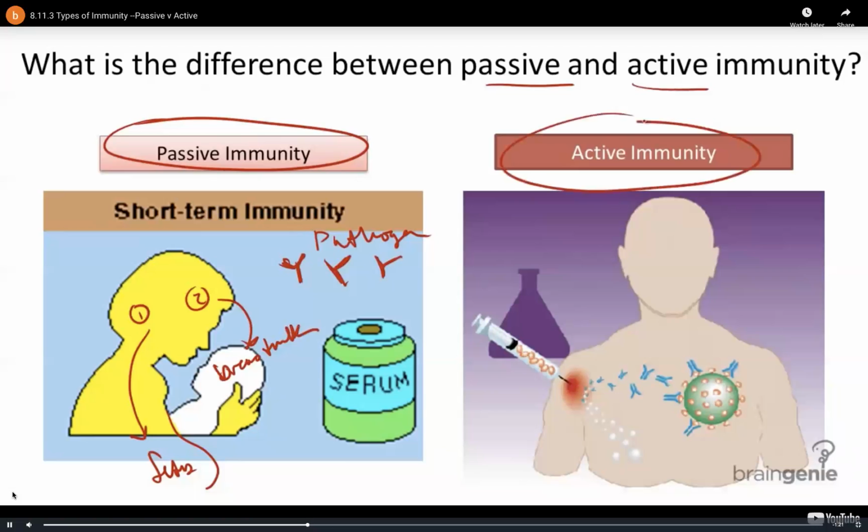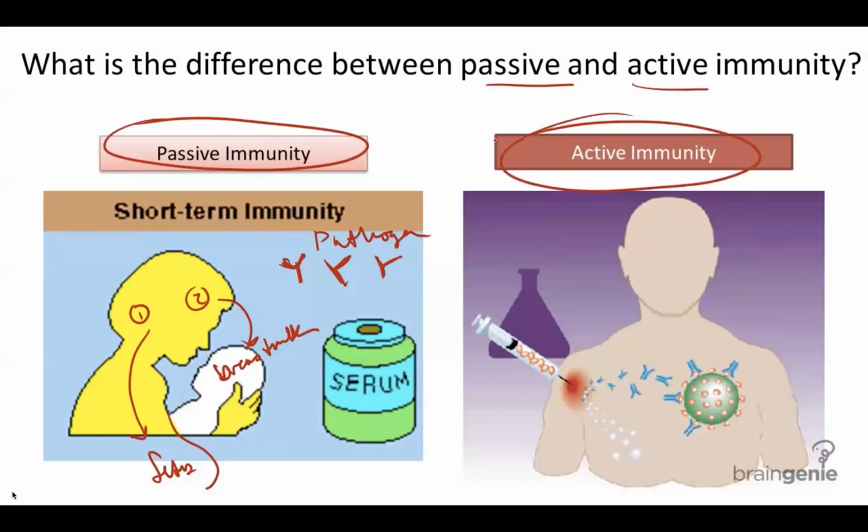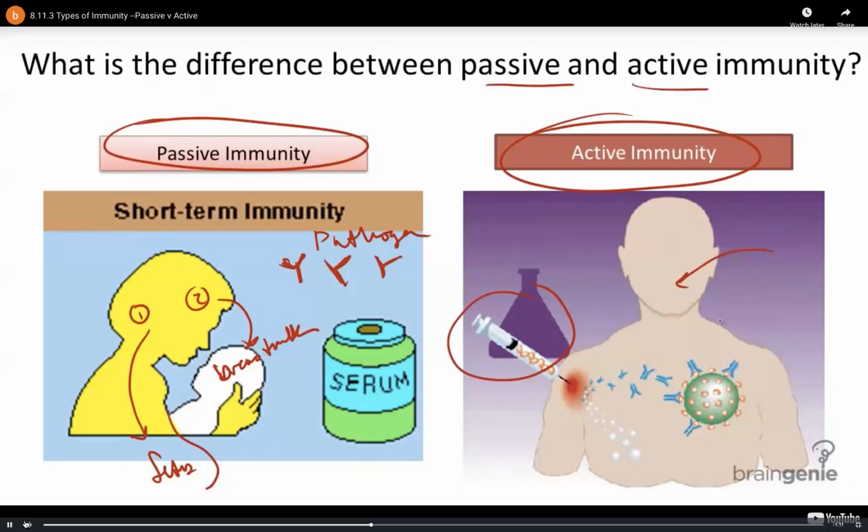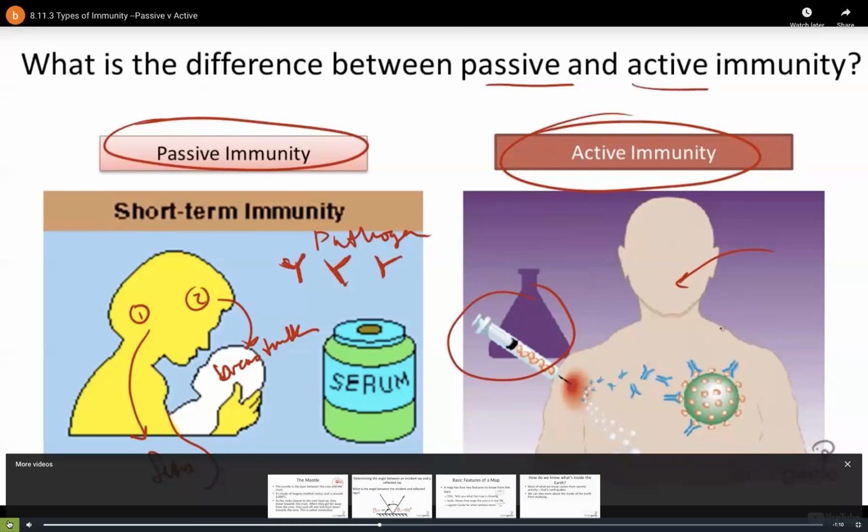Active immunity, on the other hand, is when somebody gets exposed to antigens, whether it be by an immunization or just entry into the body through openings in the skin. So what she really means is, active immunity, somebody purposefully gave it to you, okay? And there's two ways for active immunity.